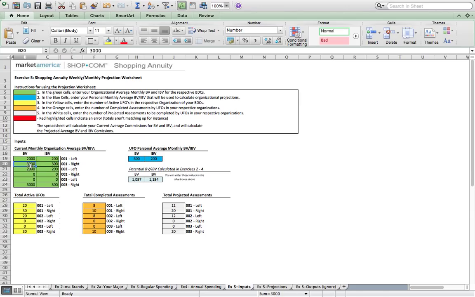And the same thing with your right side, how much volume ends up coming up every 4 weeks in BV and IBV. Now, these two areas, this is for your 002. We all have an 002 on our left and an 003 on our right. So if you haven't activated those, meaning you're only working with your 2 people, just make sure whatever is on the left side of your business on your 1 is also the left side of your 2.